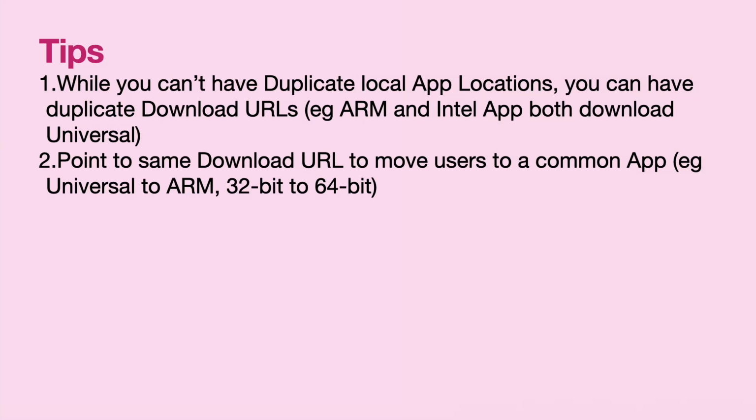Or if you had Windows people who are on 32-bit and you go, oh, there's so few, or there's none of them anymore, we're now moving them all to 64-bit. So they have their own lanes and they stay in their own lanes, but if you want to make them jump to a different lane, it is possible by specifying a different download URL. And as I mentioned before, you can get users to cancel a skip if you want to.